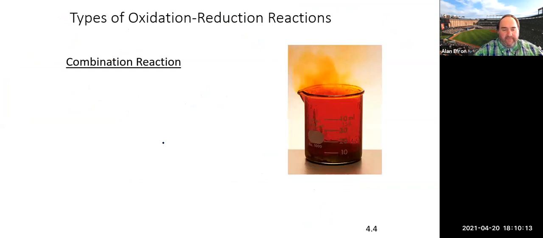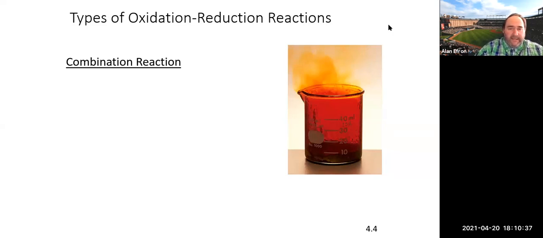Now that we have an idea of how to assign these oxidation numbers, let's look at some different types of redox reactions. As I mentioned before, we can classify these reactions in a couple of different ways, but ultimately they are redox reactions.